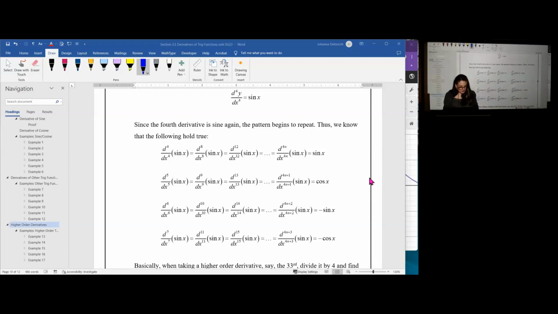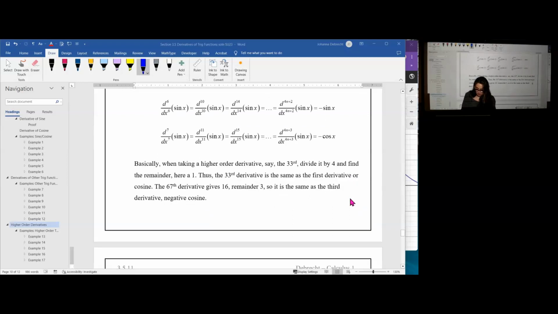Now, when I'm doing these on an example or a problem, let's say the 33rd derivative, what I actually do in practice is I take 33 and I divide it by 4. If I take 33 and I divide it by 4, I end up with 8 with a remainder of 1.